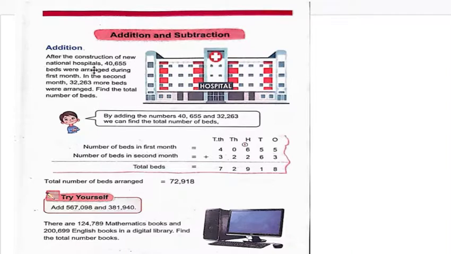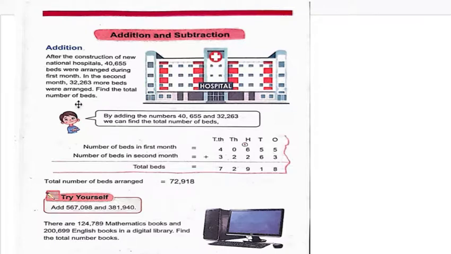Addition and subtraction. Addition. After the construction of new national hospitals, 40,655 beds were arranged during the first month. In the second month, 32,263 more beds were arranged.